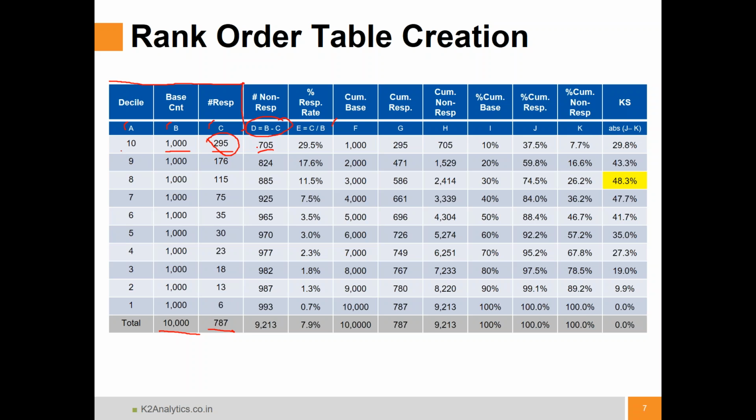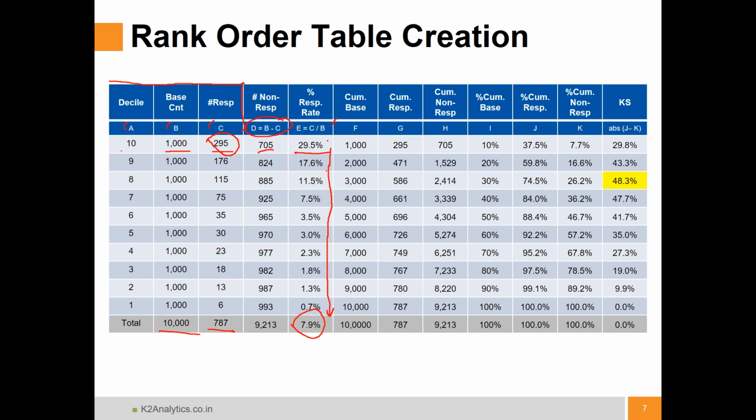And the response rate here is 29.5. What is the response rate overall? 7.9. Now if I see the second decile, this is 17.6. Third decile, 11.5. Fourth decile, 7.5. And gradually it keeps going down.